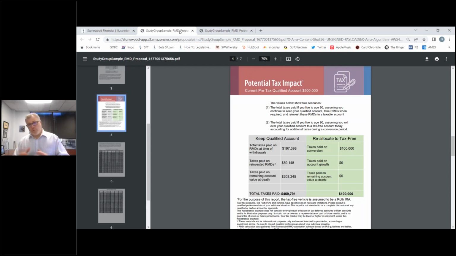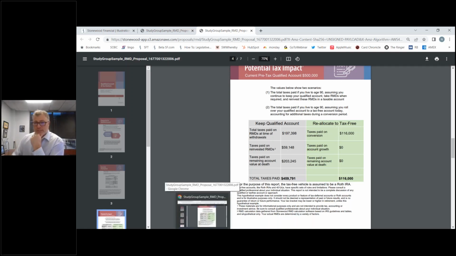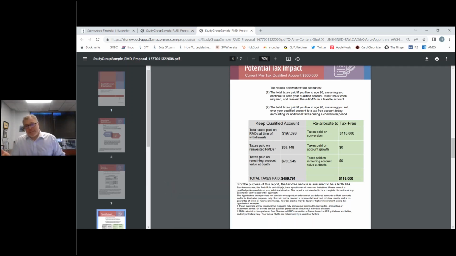So the old report would have said that reallocating to tax-free would cost you $100,000. Well, now under these assumptions, it's $116,000. So yes, we are adding, in this case, $16,000 to the right-hand side of the report, but now it's a more true number. It represents true behavior because we are going to have, in many cases, some extra taxes we pay because of the conversion.